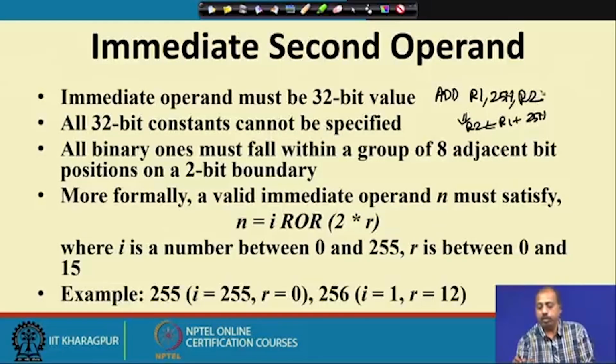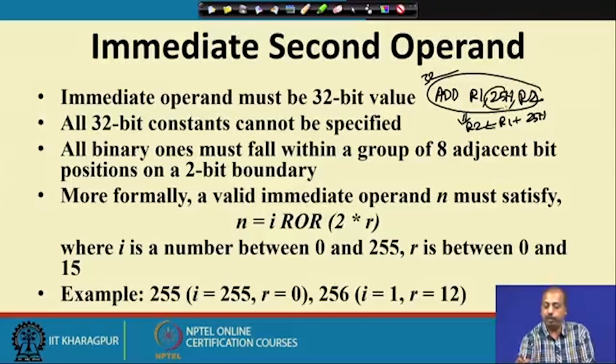Now, you see that the whole instruction is 32-bit, the coding of this whole instruction is 32-bit, and it says that this immediate operand, this 25 hex, should also be coded as a 32-bit number, and that is a problem. Naturally you cannot represent all numbers in this 32-bit value, so what these ARM people have done is allow only a category of 32-bit numbers to be used as the second operand.